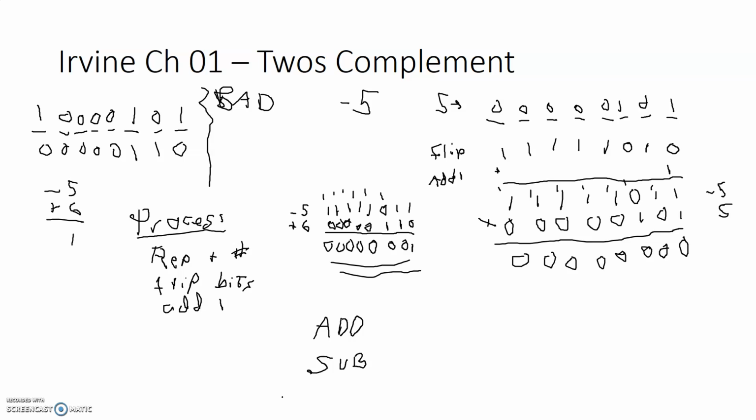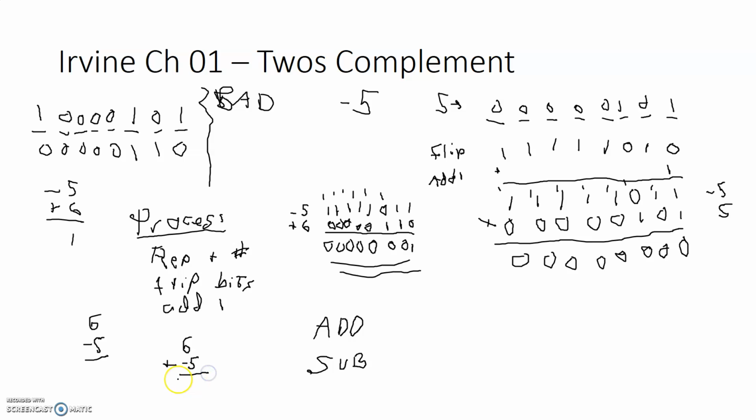Oh, and by the way, the early processors didn't actually subtract. They would use the 2's complement and do an add. And what I mean is, suppose what we wanted to do is do 6 minus 5. Well, if it didn't have subtraction, what it would really do is say, let's do 6 and add negative 5.